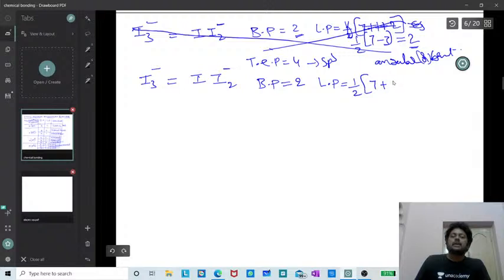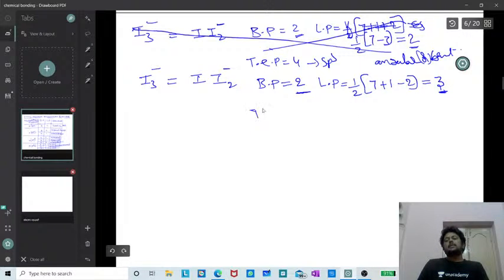How much negative charge? Minus 1. So plus 1. Next, minus the number of bonds to this central atom. That means each iodine can form one covalent bond, 2 iodines, 2 covalent bonds. So minus 2. 8 minus 2, 6. 6 by 2, 3. Okay. So 2 bond pairs, 3 lone pairs.